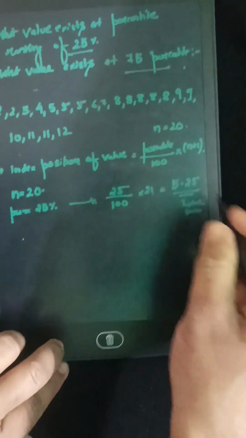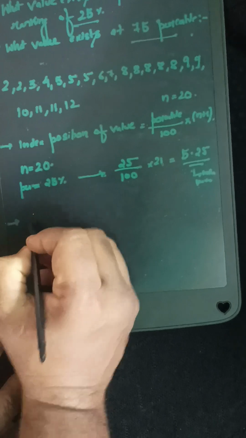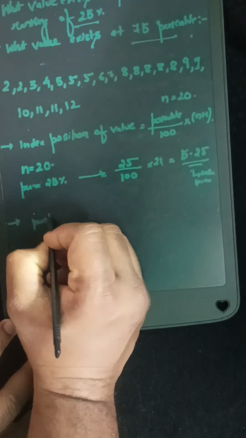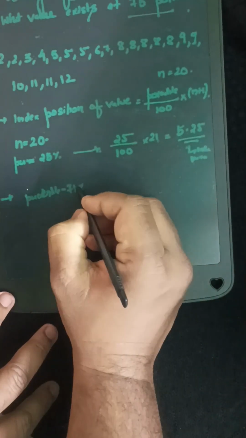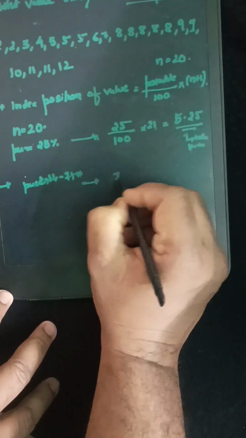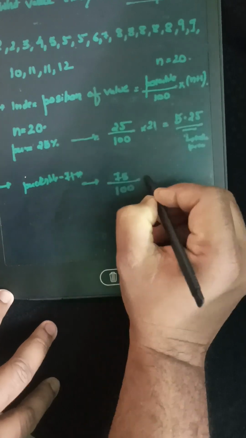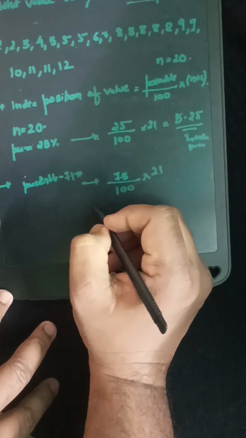Where it comes out, we will see later. And then for the 75th percentile, how do we find out? The same formula, 75 by 100 into 21.